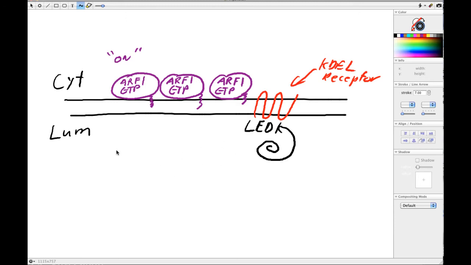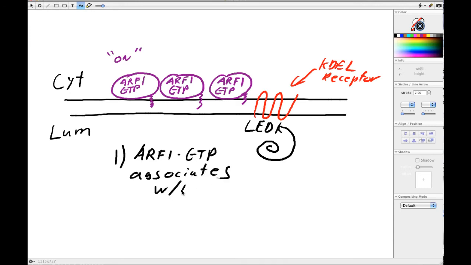So what's going on at this point is ARF1 in the GTP bound form associates with the membrane. So we've now created this landing pad for the next part of the molecular sandwich to start building the COP1 vesicle. So where do we go from there?